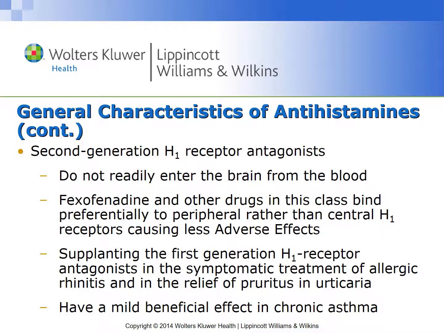So they've pretty much taken the place of the first generation H1 receptor antagonists in the symptoms of allergic rhinitis and relief of pruritus and urticaria. And they can have a mild beneficial effect for those with chronic asthma.